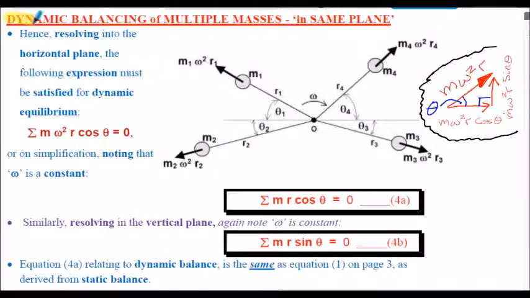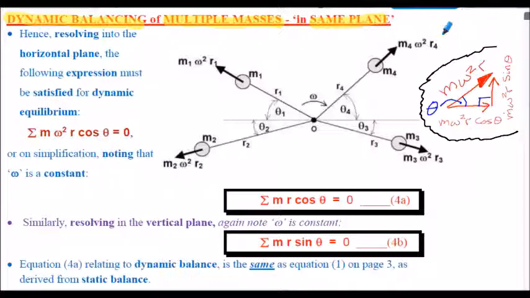So we're looking now at dynamic balancing of multiple masses, and of course they're still in the same plane here. The diagram you're seeing here is quite similar to the diagram we had a few slides previously when we were looking at static balancing. But when we're looking at static balancing, we're just considering the effect of gravitational acceleration on the masses.